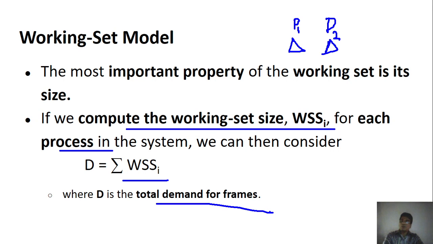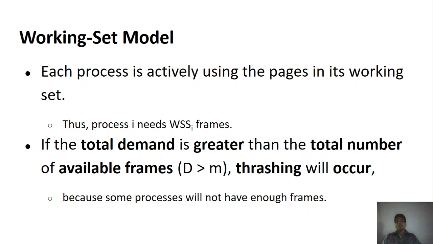This says the total number of frames demanded by all the processes. Now what must the operating system do next? It has to check the total demand against the total available frames. If the demand is more than the available pages, then thrashing will occur.